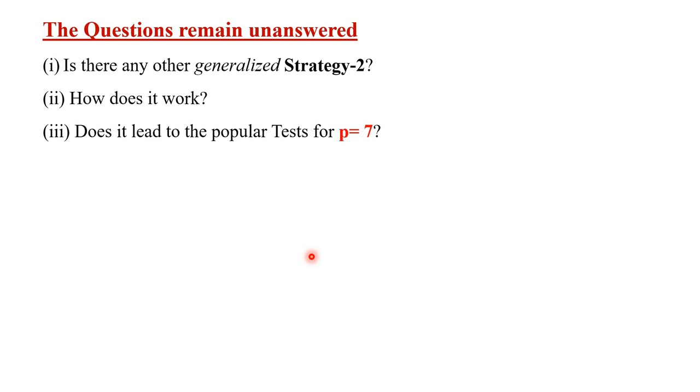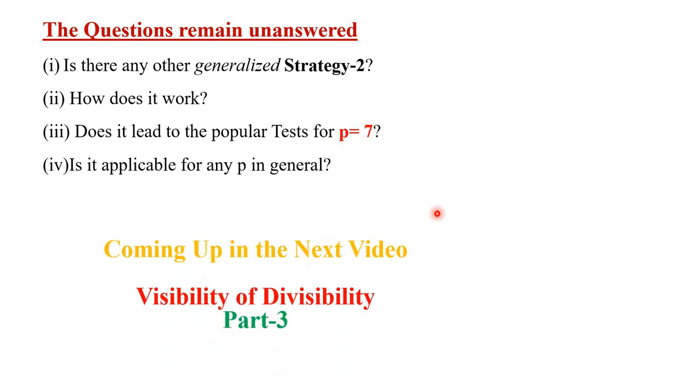So that actually gives a clue to this question: is there any other generalized strategy, strategy 2? And if it is there, how does it work? And does it lead to the popular test for p equal to 7? And moreover, is it applicable for any p in general? So these are the questions to be answered, and all will be coming up in the next video.